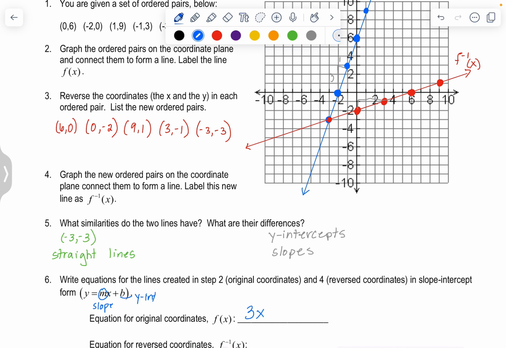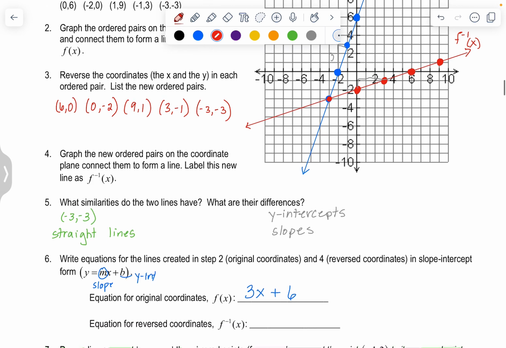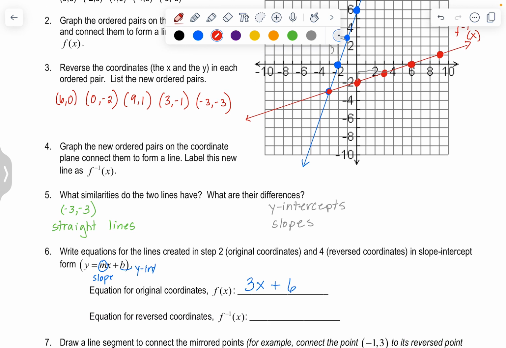And then it crosses the y-axis at 6. So that is 3x plus 6. The red equation has a slope that goes up 1 and over 3. So it's 1/3 x, and its y-intercept is -2. So those two equations are 3x plus 6 and 1/3 x minus 2.